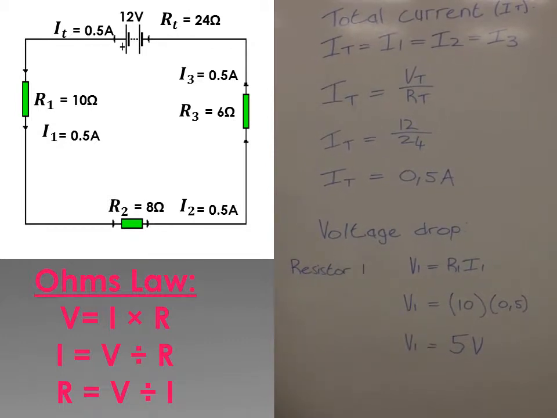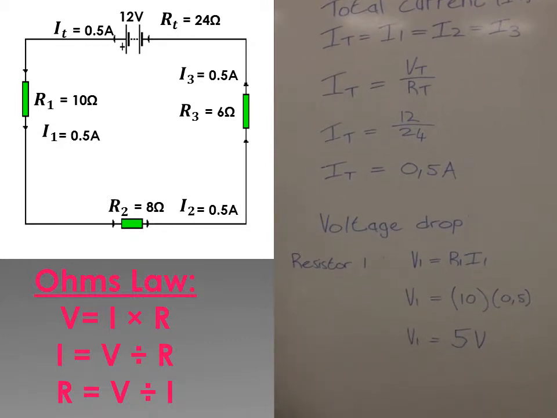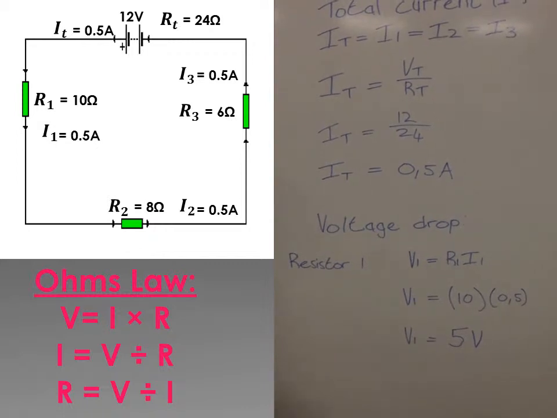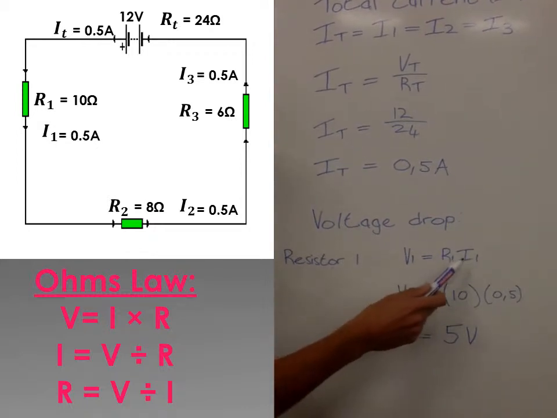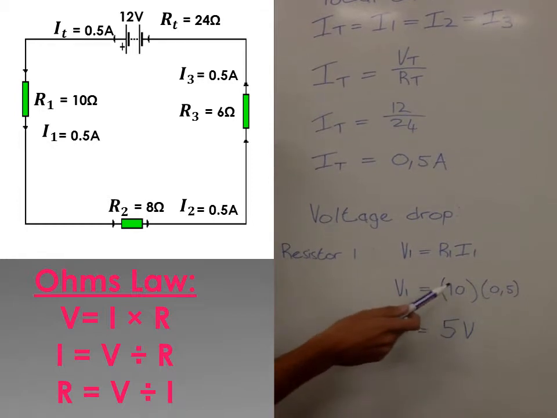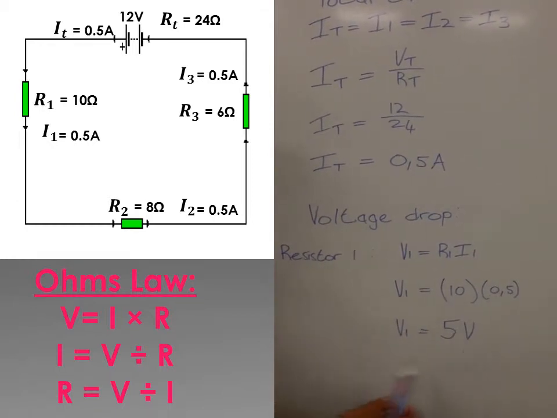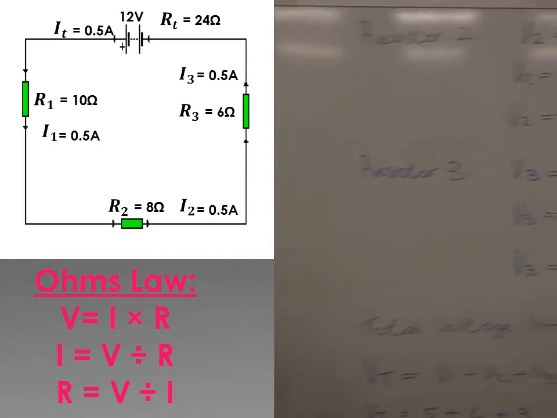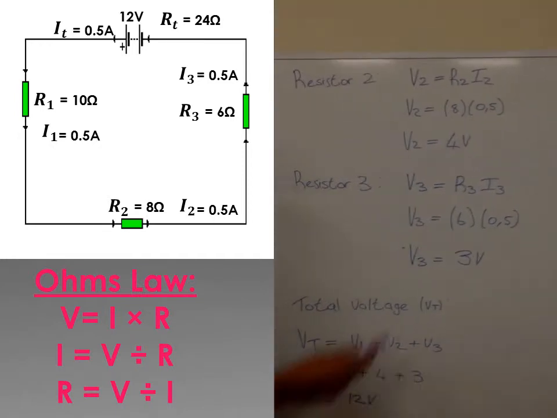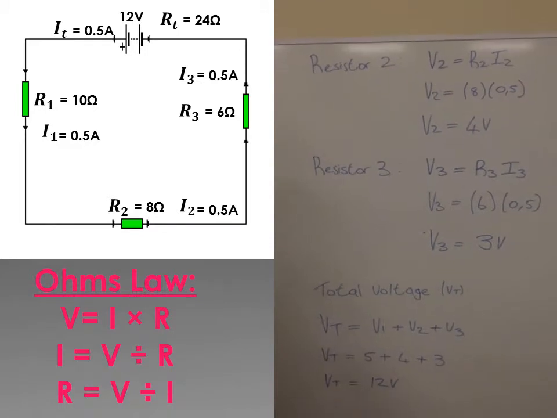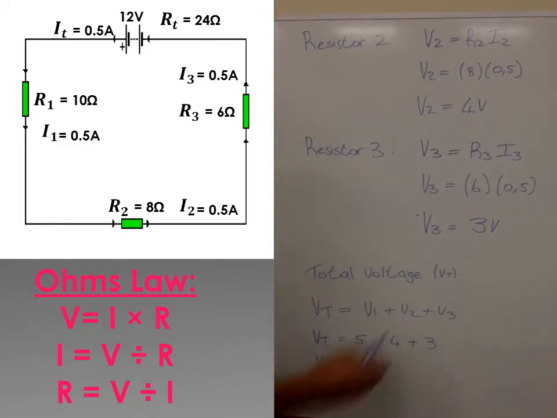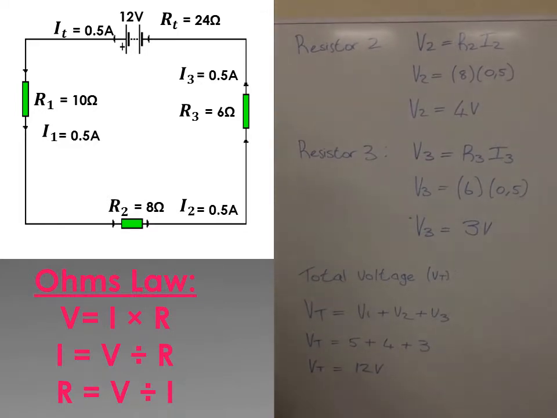To calculate the volt drop across each resistor, we use Ohm's law again. Therefore, V1 equals R1 times I1. In this case, the resistance of resistor 1, which is 10, times 0.5, gives us 5 volts. For resistor 2, we do exactly the same. V2 equals R2 times I2. 8 times 0.5 gives us 4 volts.